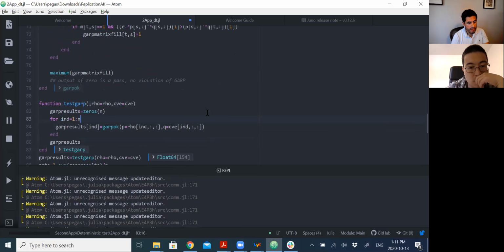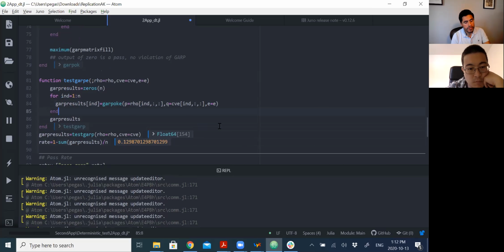Instead of having the GARP OK here, I'll have the GARP E, and then I'll have to specify the E value, for instance, let's say 0.90. And then this will be the test GARP for E. I can actually make it a function, and then I can run, for instance, a linear search over E to see which is the highest value that works for an individual.